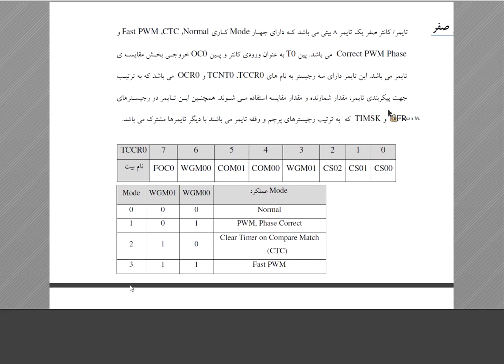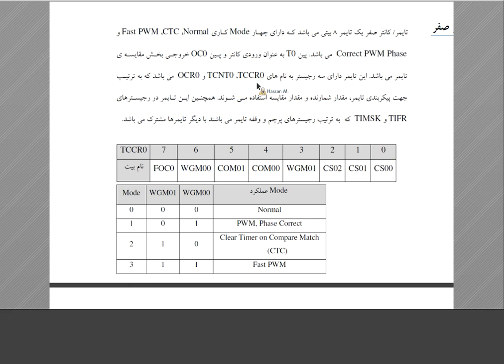And two registers named TIFR, the timer interrupt flag register, and TIMSK, the timer interrupt mask register. These registers exist for timer 0, timer 1, and timer 2.